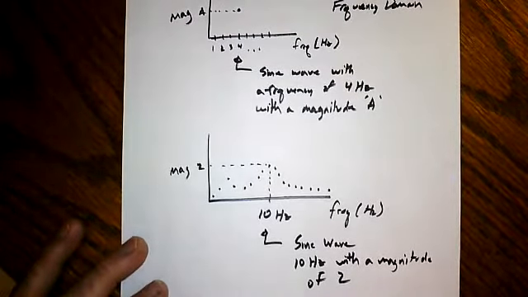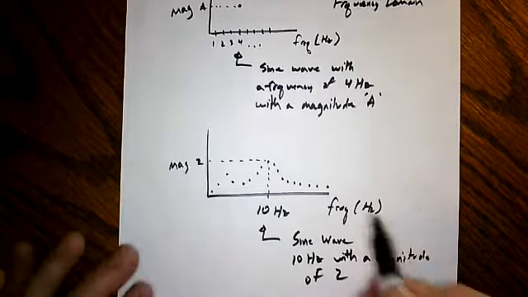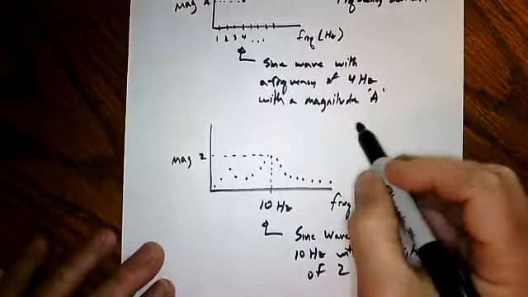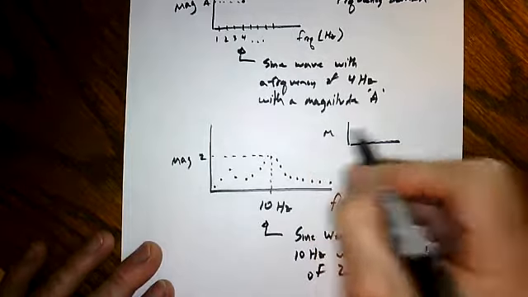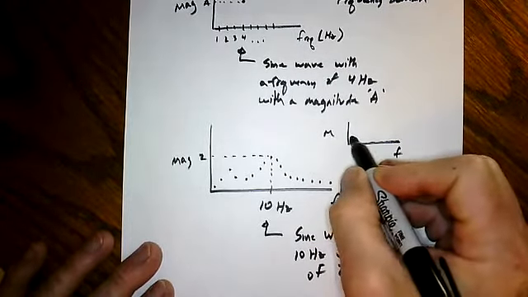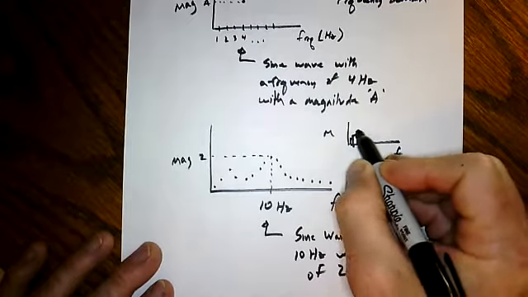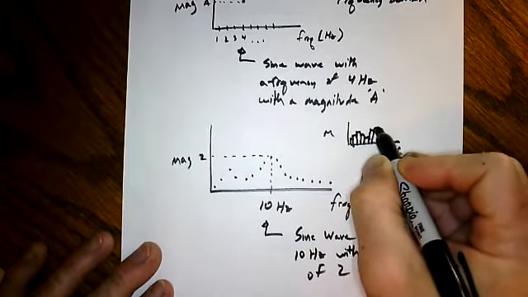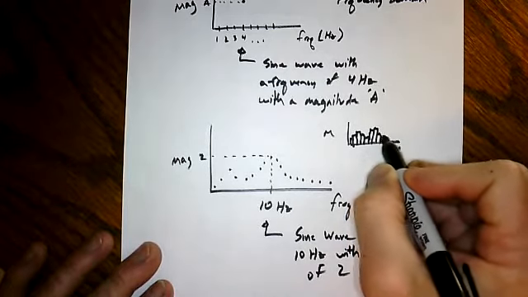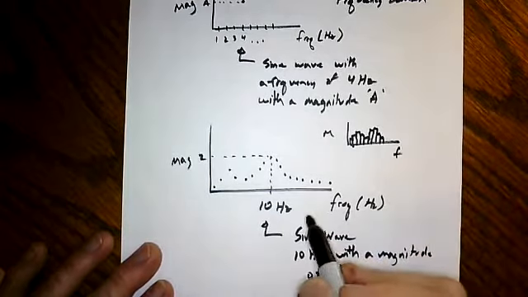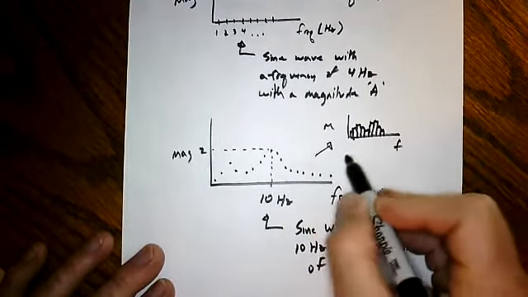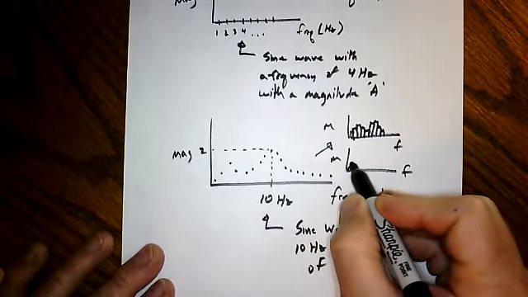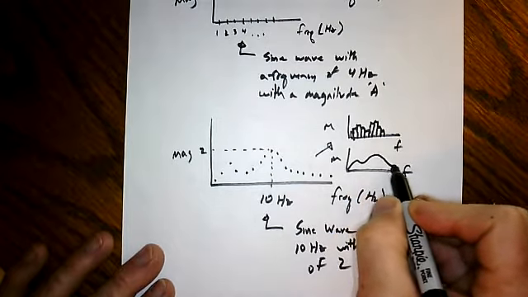Now, what some references will do, and I've certainly done this, instead of plotting individual data points like that, you may actually see, and I'll just do it over here, magnitude, frequency, bars. It may be a bar chart where each bar represents one of the dots. Or sometimes you'll see the dots connected and you just see a line like that.